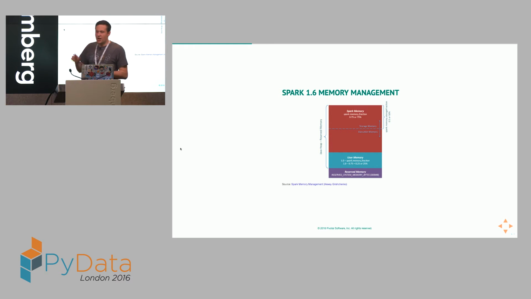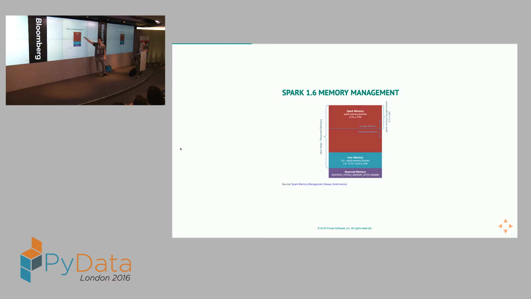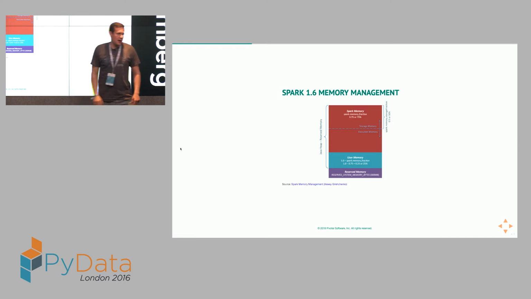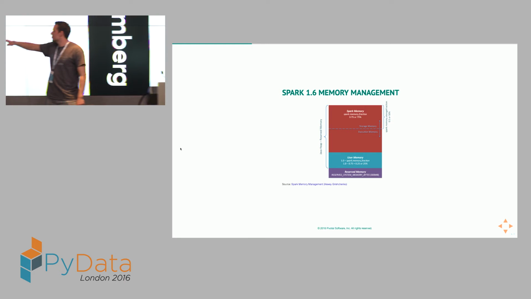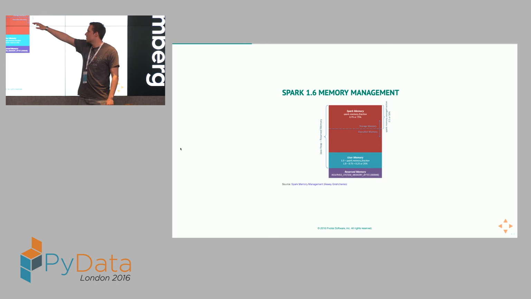Now, the big change that came in Spark 1.6 is that the boundary between storage and execution memory became dynamic. So Spark handles this boundary. It can shift this boundary. And this is a really, really big advantage because in Spark 1.5, it used to be the case that if you, for example, set your storage memory fraction to 0.5, but your execution memory was temporarily larger, it started spilling to disk instead of taking the empty storage memory, right?